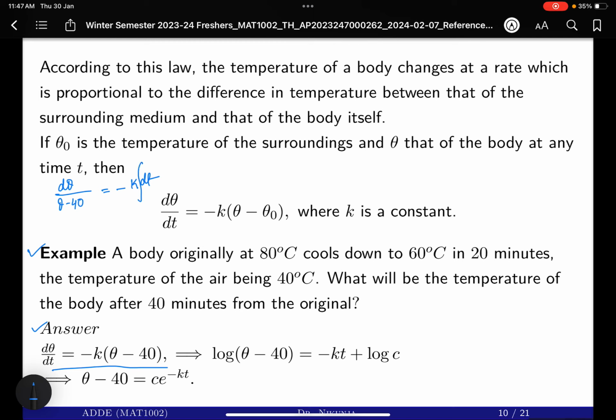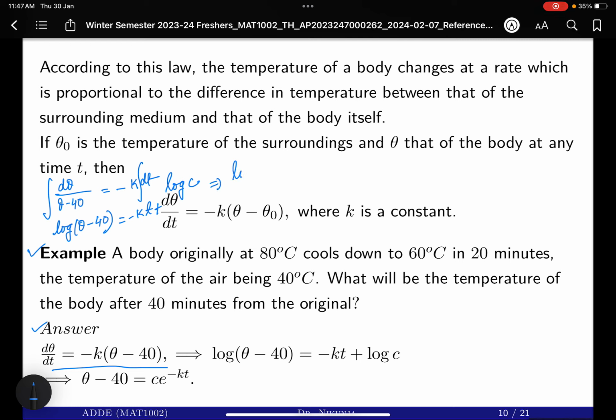Now you can apply integration here, so you'll be getting log(theta minus 40) equals minus kt plus some constant. As per your convenience you can take the constant's form. Here we can take log c, because in this case the calculation will be a little easier. Otherwise you can simply take c also, not a problem.